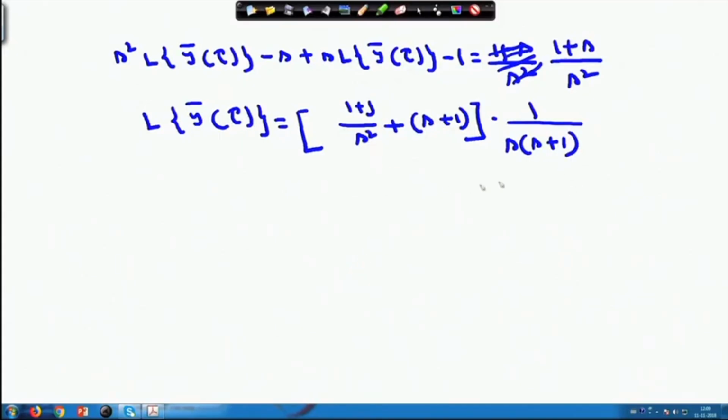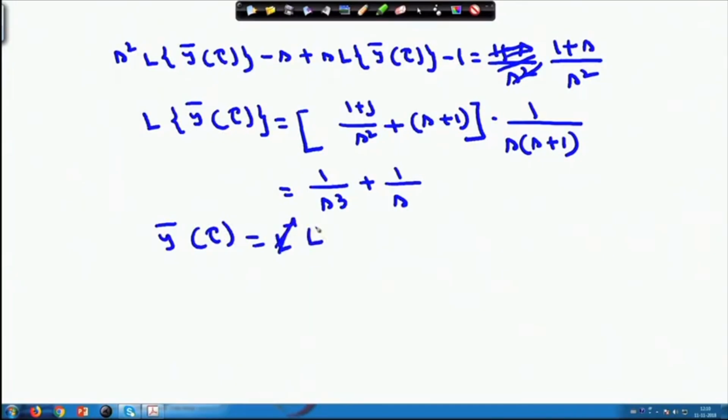If I simplify this, I will obtain simply 1 by s cube plus 1 by s. So y bar tau equals the Laplace inverse of 1 by s cube plus the Laplace inverse of 1 by s.